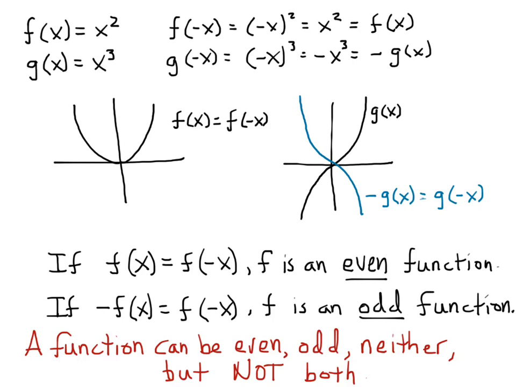Try as you might, you won't find one. I suppose the function f at x equals 0 is both even and odd, because f at negative x equals 0, and negative f at x equals negative 0 as well. So that's a trivial function. No substantial function can be both, right?